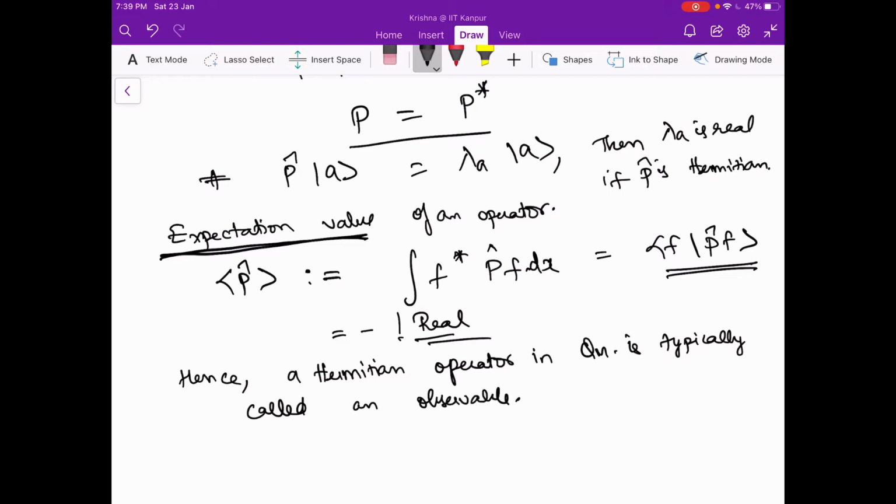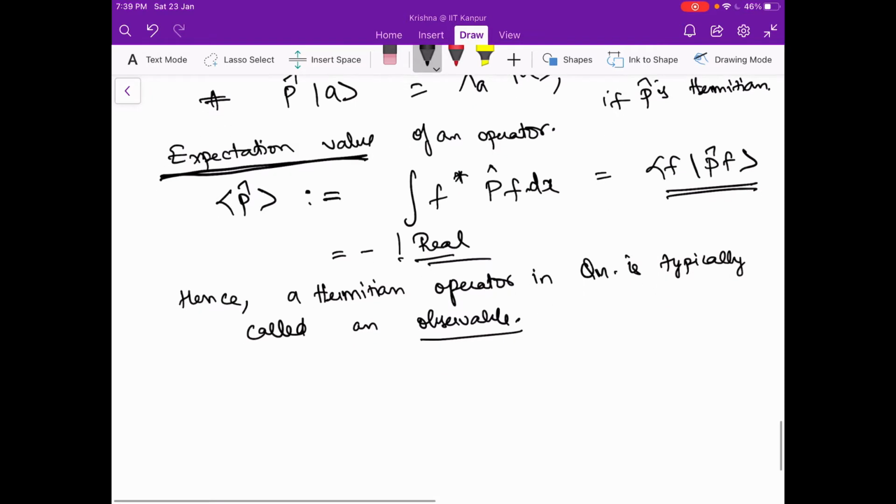So you don't have to really worry about these terms right now, but all we would like you to carry forward is, if the operator is Hermitian, then the eigenvalue of this Hermitian operator is always going to be real. The expectation value of this operator is always going to be real, and the operator is called in quantum mechanics an observable.